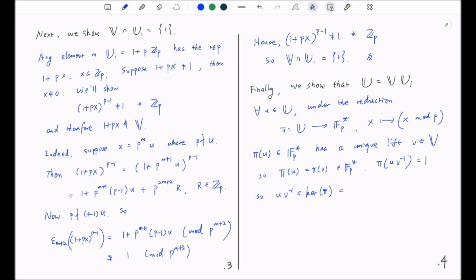If you look at this, what is mapped to the identity element here? It is precisely the elements 1 plus p times something. When you take the reduction, you get precisely 1. But what is this? This is precisely the definition of U1.